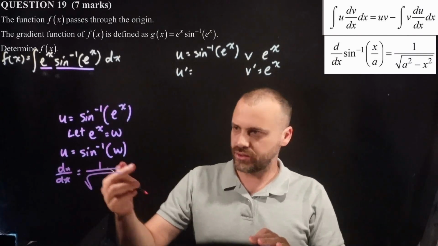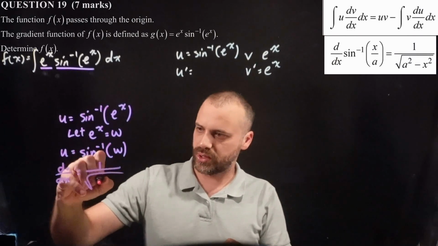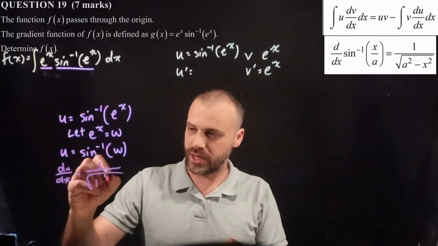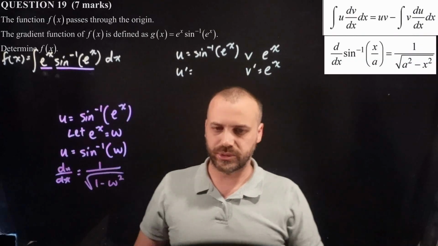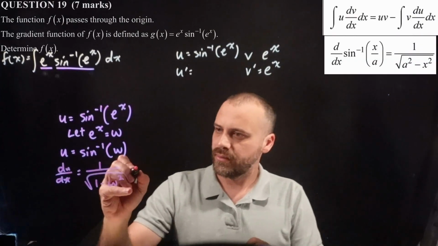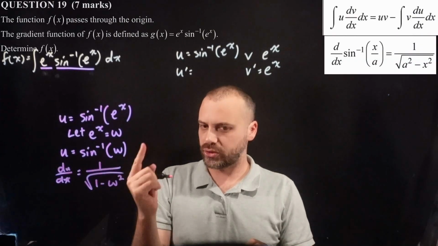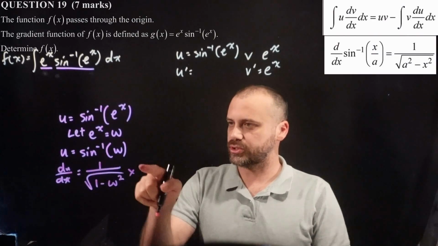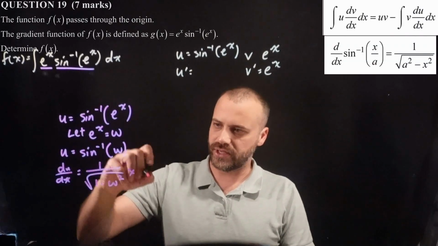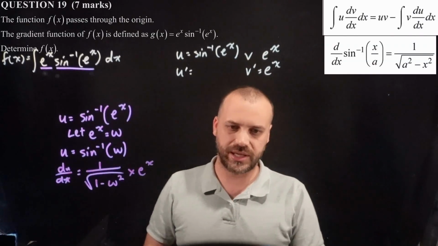Now an a value, there's just 1, square root of 1 squared, which is 1, minus x squared, which is w squared. We'll fix that in a minute. But this is a chain rule question, because I also need to multiply by the derivative of e to the x, which is of course e to the x.